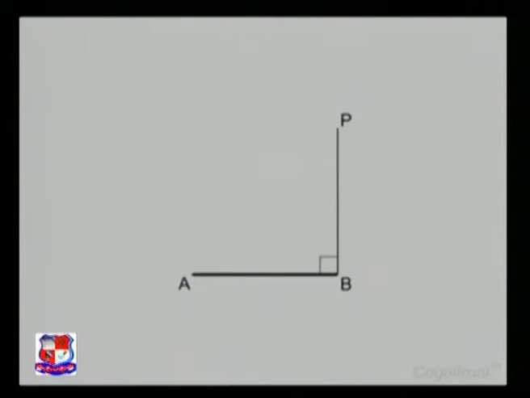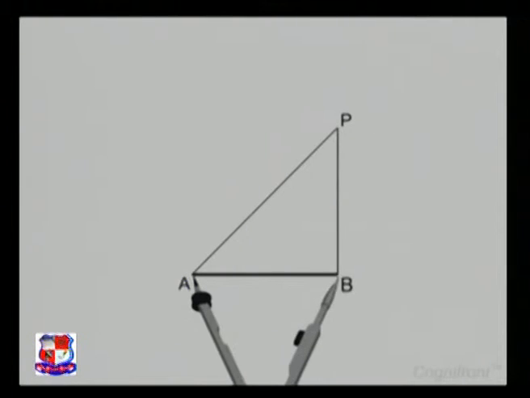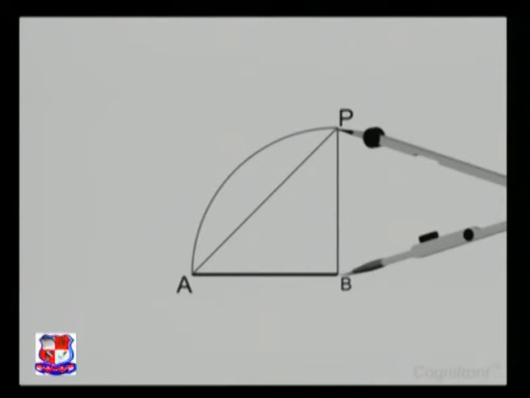This is the side length of the heptagon. Next, at point B, we'll draw a line BP perpendicular to AB and its length is the same as AB. Then, draw line AP. Now with center B and radius AB, draw a quadrant AP.